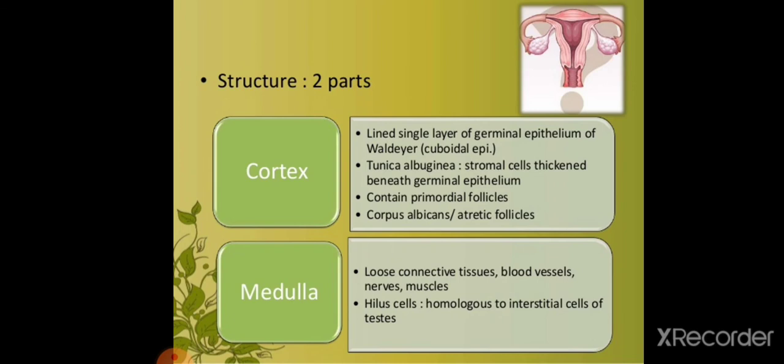Then we have the tunica albuginea, which are the stromal cells thickened beneath the germinal epithelium. And this tunica albuginea contains primordial follicles and corpus albicans. In the medulla, we have connective tissues, blood vessels, nerves and muscles. Some hilar cells are also found. These cells are homologous to the interstitial cells of the testis.